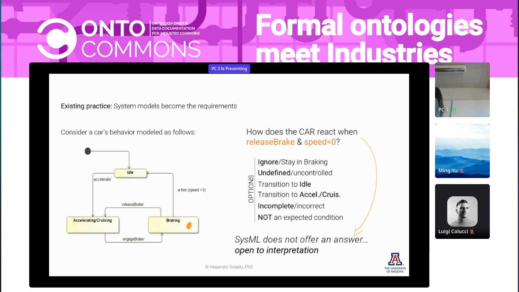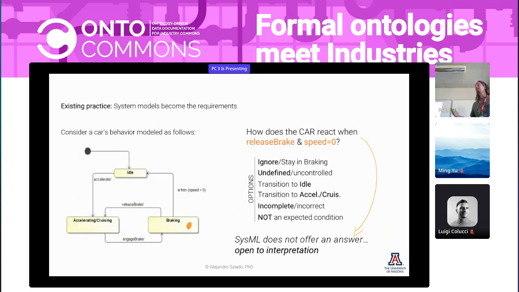The designer thinks that it is not an expected condition, and the implementer does something else. And then you've got a problem. Now, this is the stupidest example I could come up with. In real life, it's a really large and complex problem that nobody can really make sense of what the actual behavior is. There is no way you could find these things.